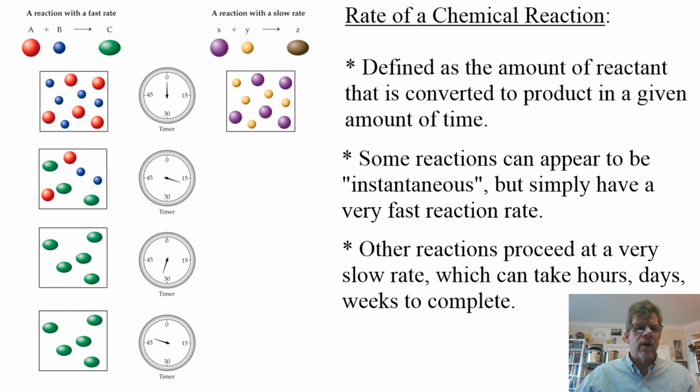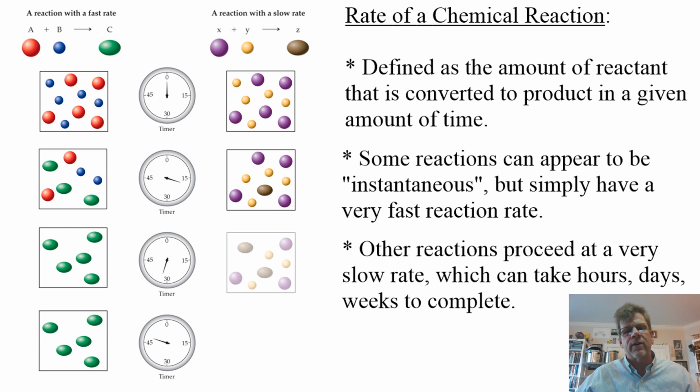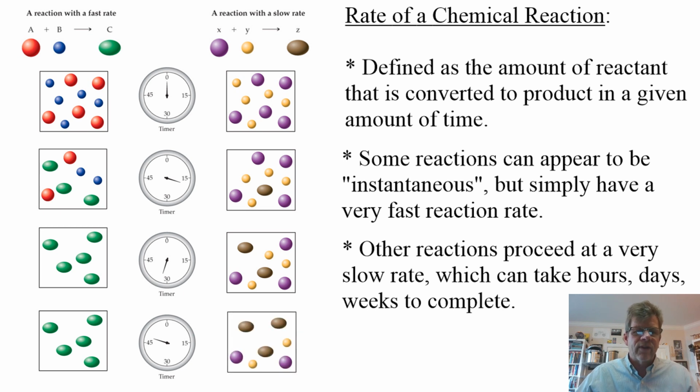And as we move along that same timescale, if you will, we find those brown ovals, the products, being formed at a much slower rate than before, so that at the end of that given amount of time, there's still appreciable amounts of reactants left over.